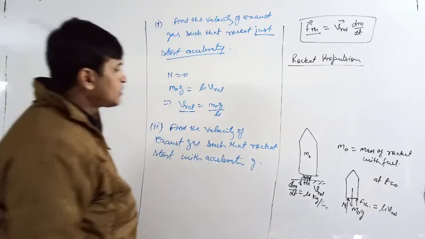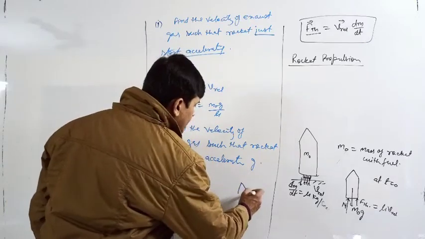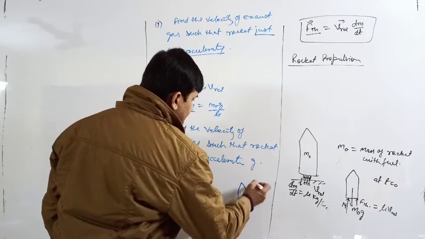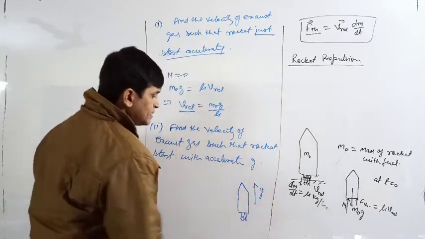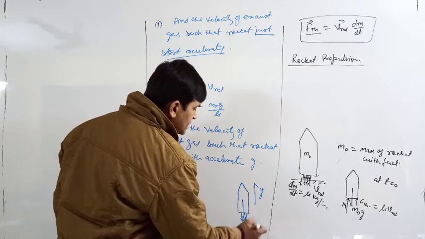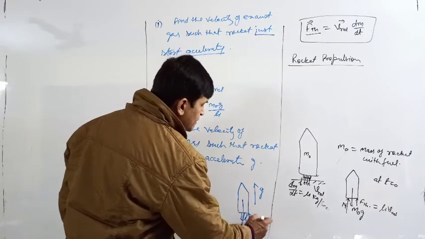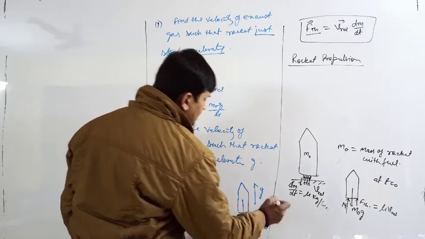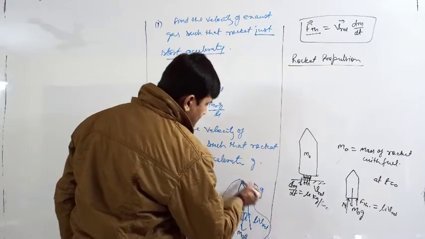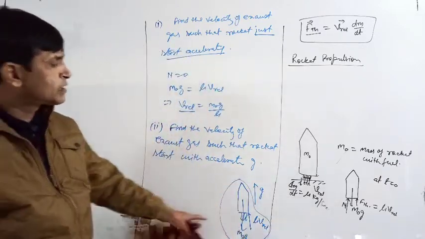Okay, it means now the rocket has to go upward with g acceleration. There will be the same type of equation. M naught g, and thrust force, which is mu into V relative. So in the FBD, the net force is equal to Ma.